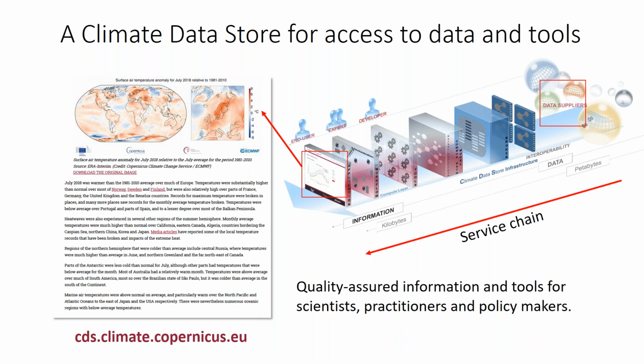So that's a very interesting thing in itself. I'm not going to talk too much about it, but all the reanalysis data that you see now coming from ECMWF are coming through this climate data store. So there's a whole big service chain that makes it easier to access the reanalysis data and combine them with other data sets, including the tools that you need to do that. Next, please.